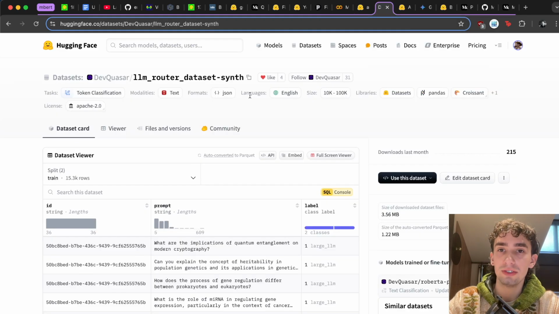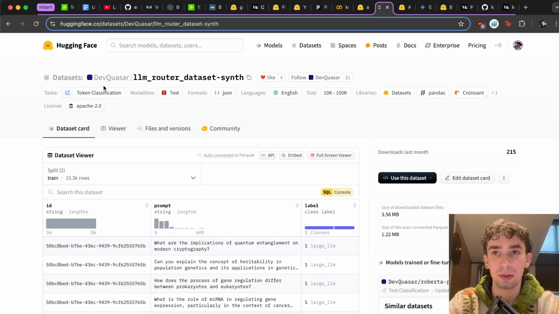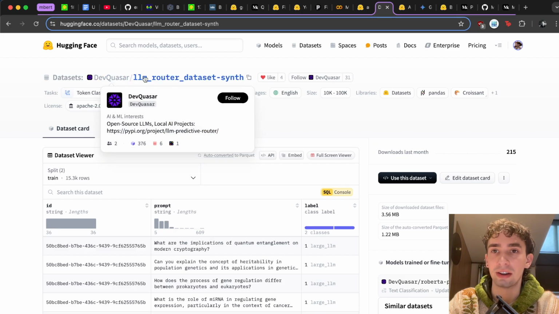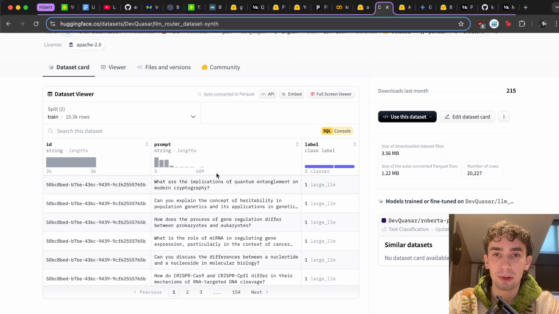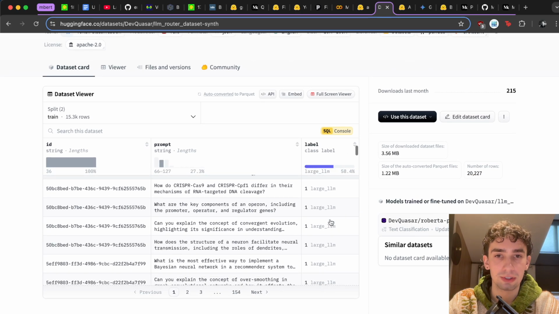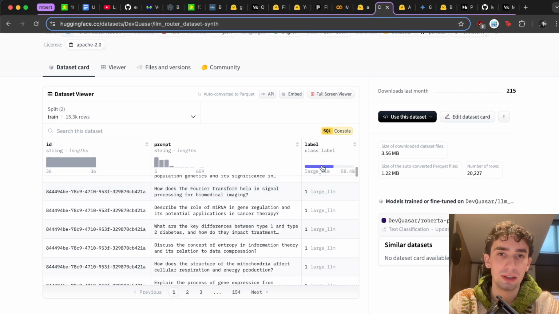So there is conveniently a nice large data set of about 15,000 rows from Dev Kassar here, the LLM router dataset synth. This contains about 15,000 rows of prompt and labels. So these prompts are just all going to be regular prompts, and then the labels are going to be either 0 or 1, which 1 in this case is going to be large LLM, and 0 in this case is going to be small LLM.